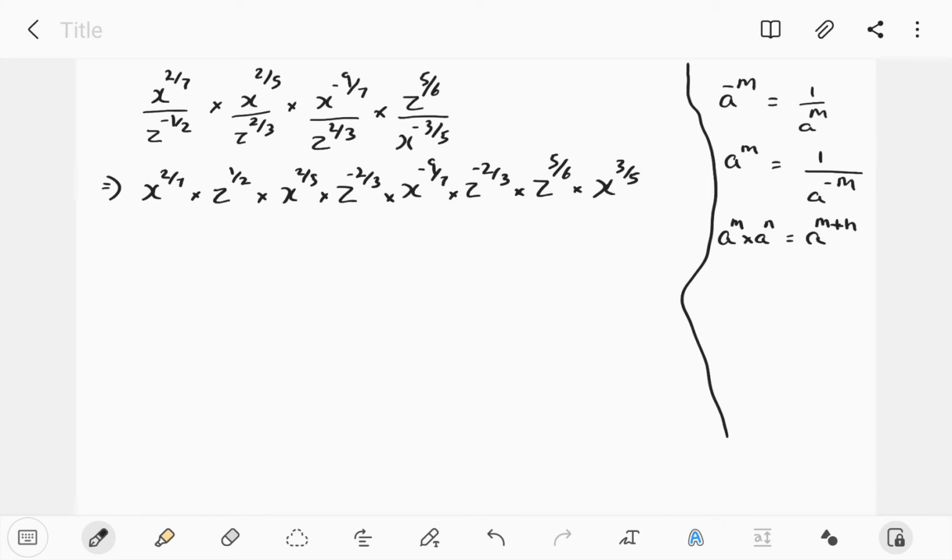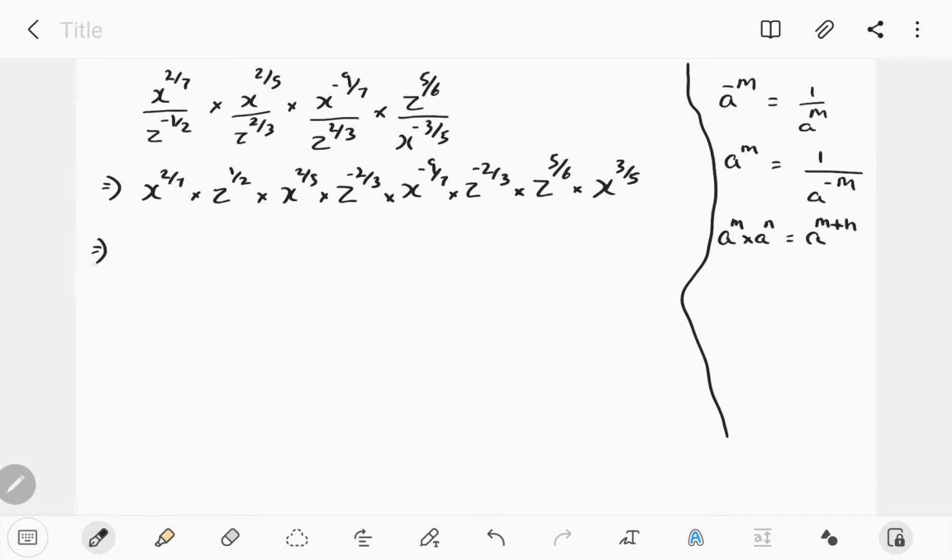So in this case, the answer would be: the same base remains constant, a, raised to the power of the sum of the two powers which we are multiplying. So in the first term it is a power m, in the second term it is a power n. When I am multiplying both these terms, I will be getting a power of the sum of m and n, that is m plus n.